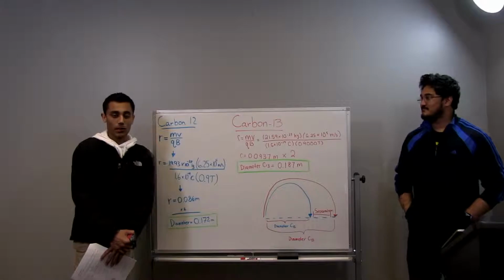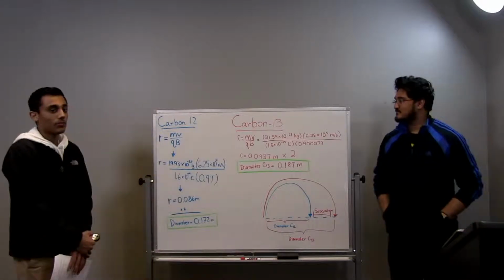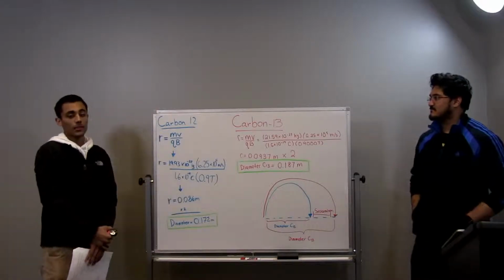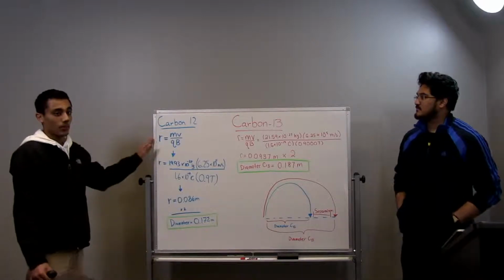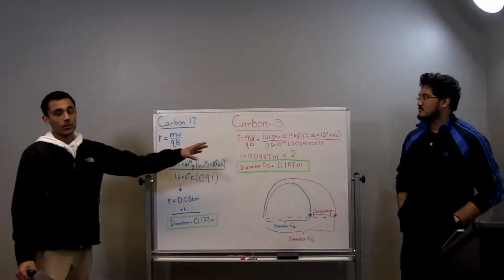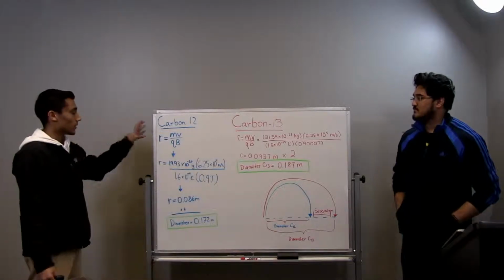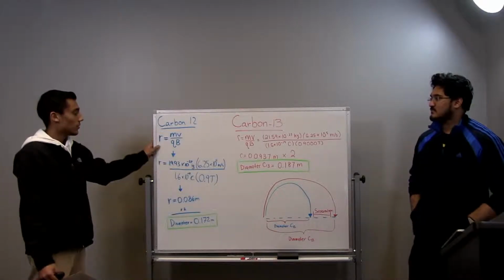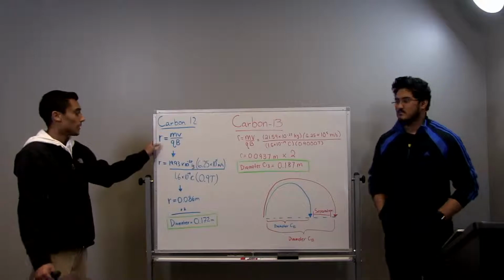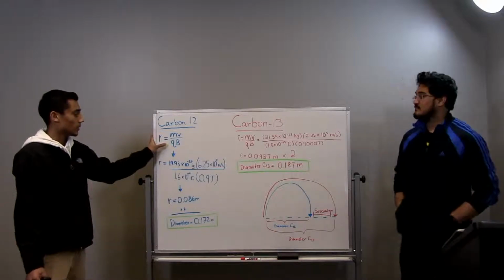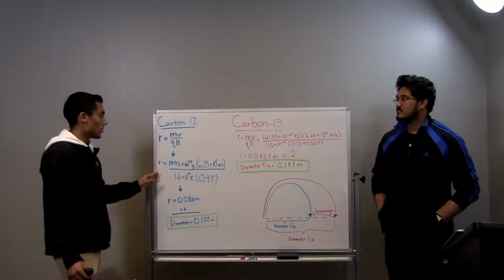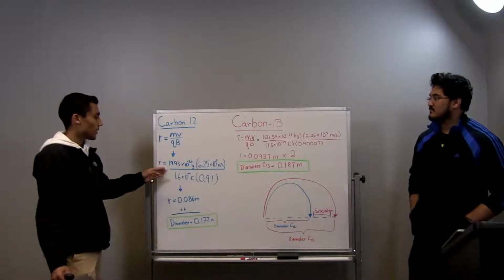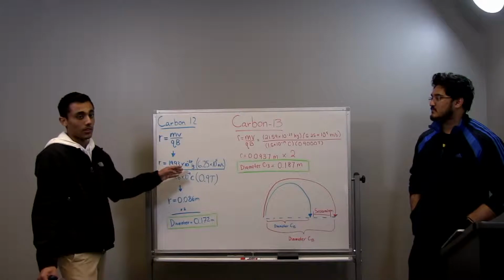Now we've erased all the known variables and started plugging them into our equation. We did this equation twice, once for carbon-12 and once for carbon-13. Let's go over carbon-12 first. The equation is radius equals mass times velocity over charge times magnetic field. The mass for carbon-12 is 19.93 times 10 to the negative 27th kilograms.